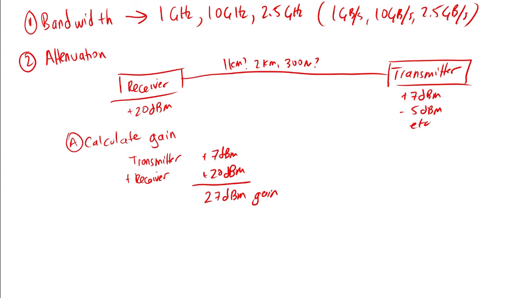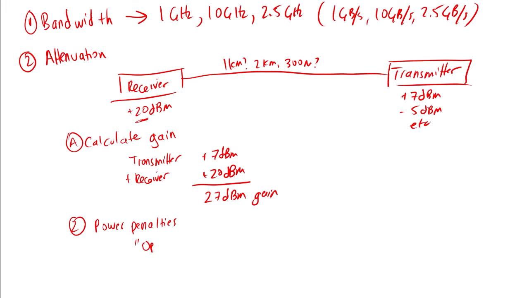And then you have something called power penalties. So there's like an operating margin, because there's got to be a margin for error, because say this receiver is operating at plus 20 under ideal conditions.